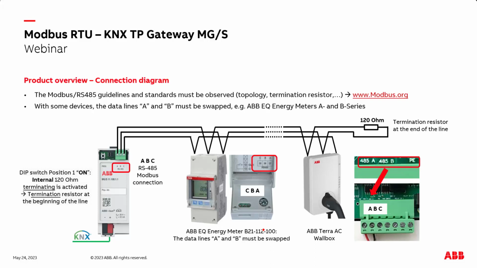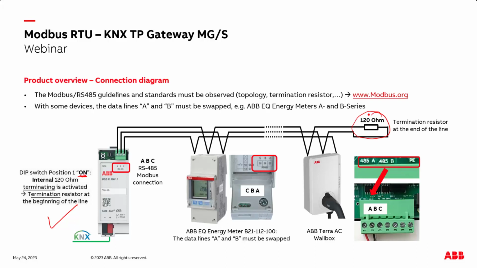When you use the internal dip switch number 1 and set it to the on position, the internal 120 ohm terminating resistor is activated. This is okay for the beginning of the line. Then we go with the cable to the next meter, next meter, and so on in a pure line structure. And at the end, we have an additional 120 ohm resistor.